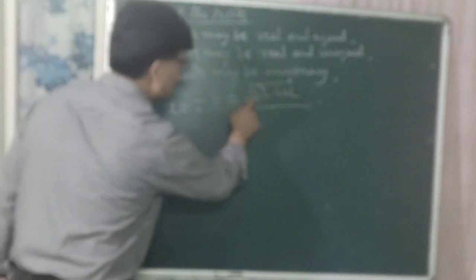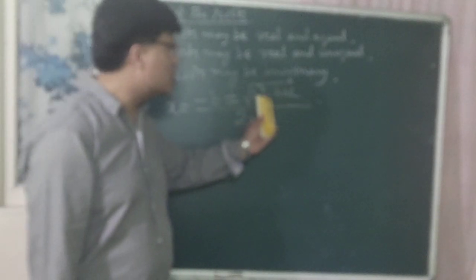So now, this b square minus 4ac has got a particular name. That particular name is discriminant. यसलाई हामी के भन्छौं? Discriminant भनेर भन्छौं. That is b square minus 4ac लाई.